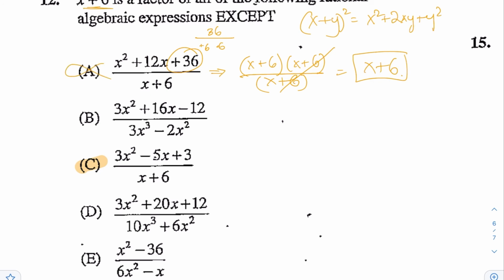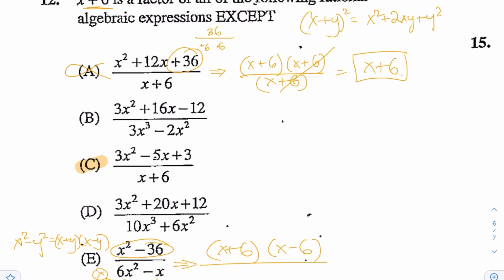Similarly for choice E, this is the difference of two squares. x squared minus y squared is equal to x plus y times x minus y. So this would be x plus 6 times x minus 6 when you factor it. In the denominator, if you factor out x, you have 6 times x minus 1.